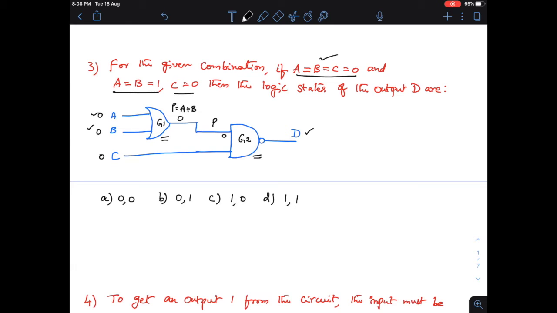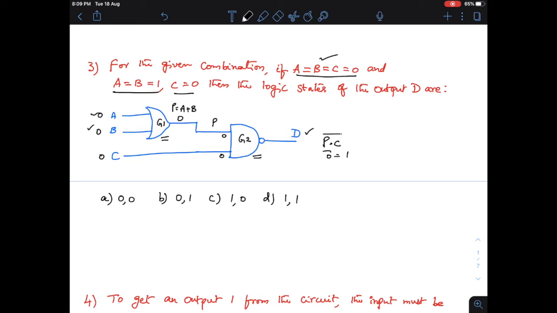Now, for a NAND gate, when both of them are zeros, then you will have P dot C bar. AND is A dot B, NAND is not, so bar. So, P dot C bar. So 0 dot 0 bar, 0 dot 0 is 0, 0 bar is 1. So D is 1 in this first case.